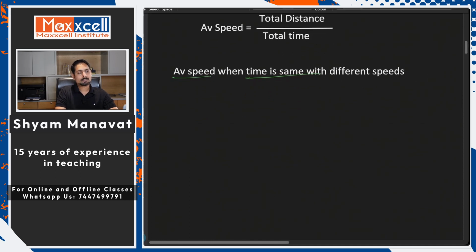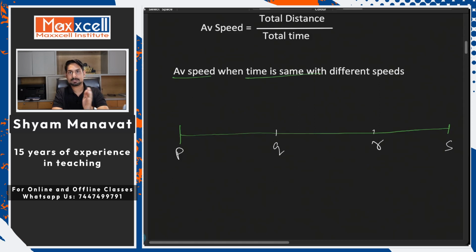Let's say you are traveling a certain distance in 3 parts, from P to Q, Q to R, R to S. So the total distance is traveled in 3 parts.